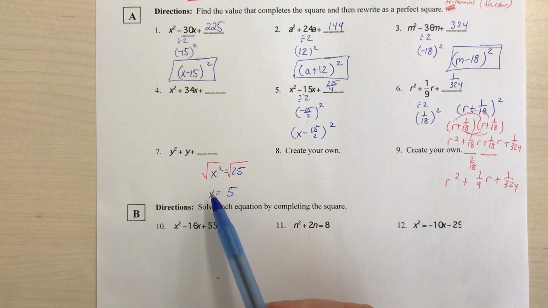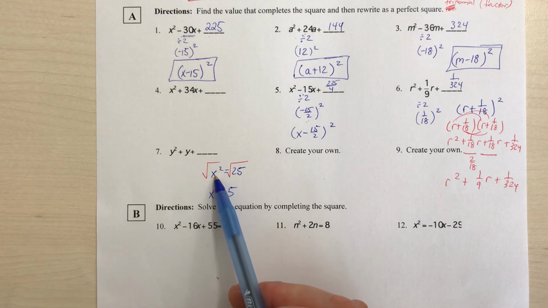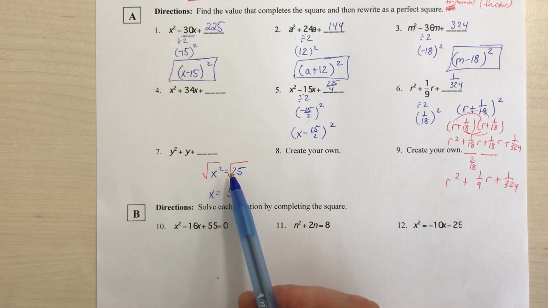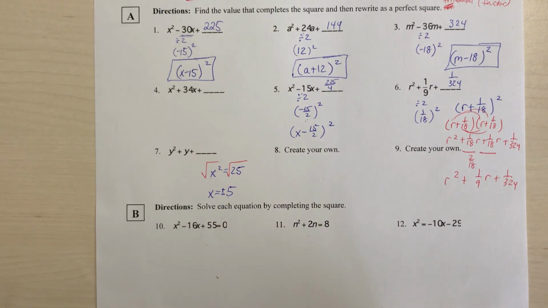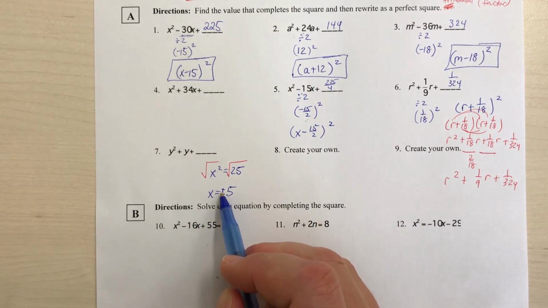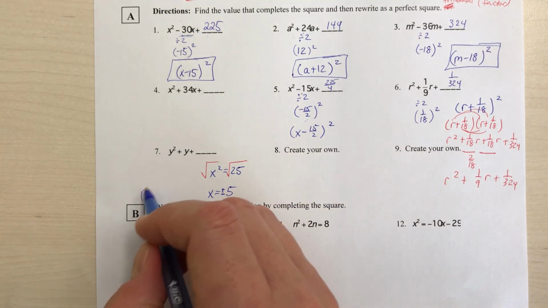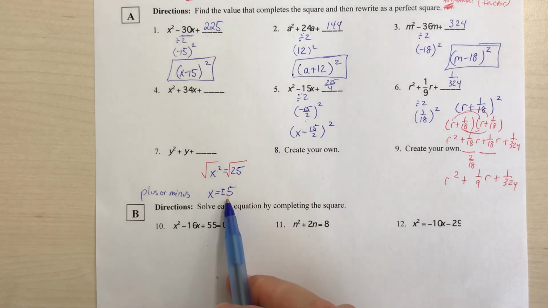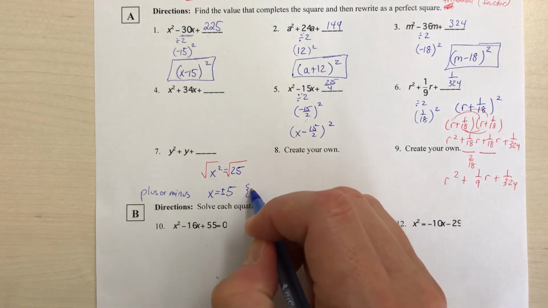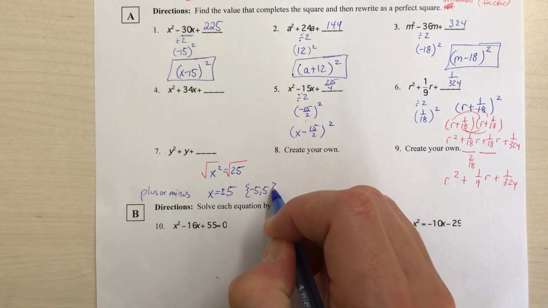Where we have to be careful, though, is that if we square a negative number, we also get a positive. So we would say that x is plus or minus. So we write plus on top of minus here. That means plus or minus 5. We have two answers. We have negative 5 and we have positive 5.